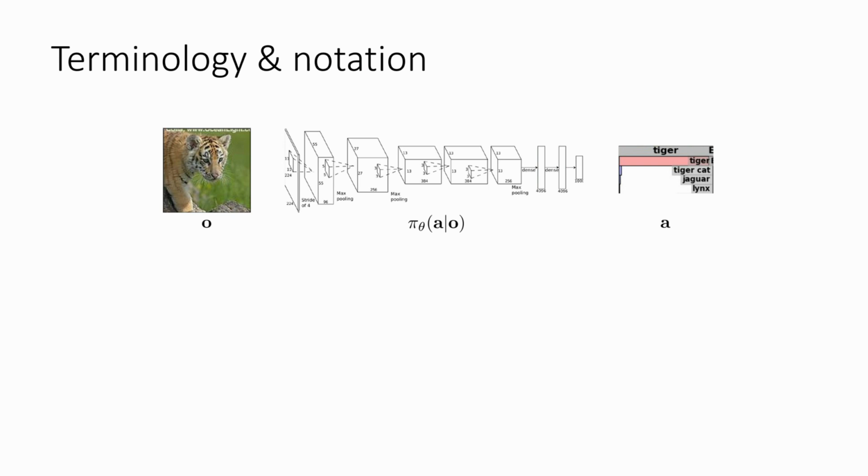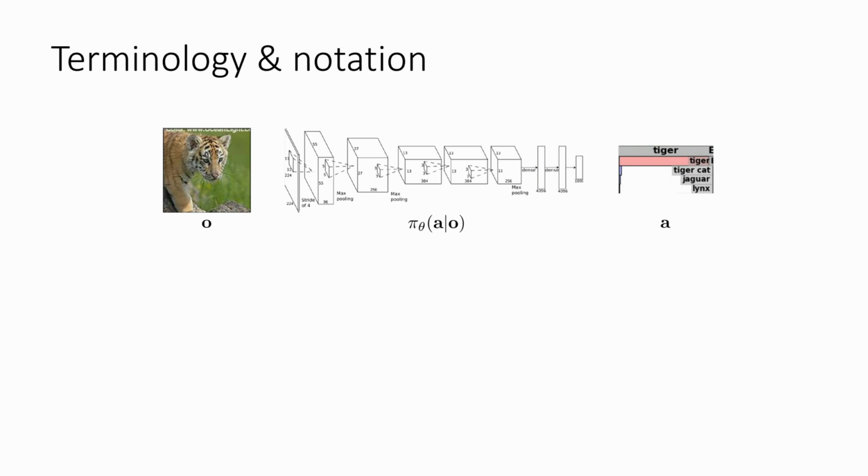And then we'll call this thing in the middle pi, and pi is a distribution over actions given the observation. When you train a classifier with a cross entropy loss and a softmax layer at the top, what you're really doing is training a categorical probability distribution over the output A, conditioned on the input O. We'll call this distribution pi, and we'll use a subscript theta.